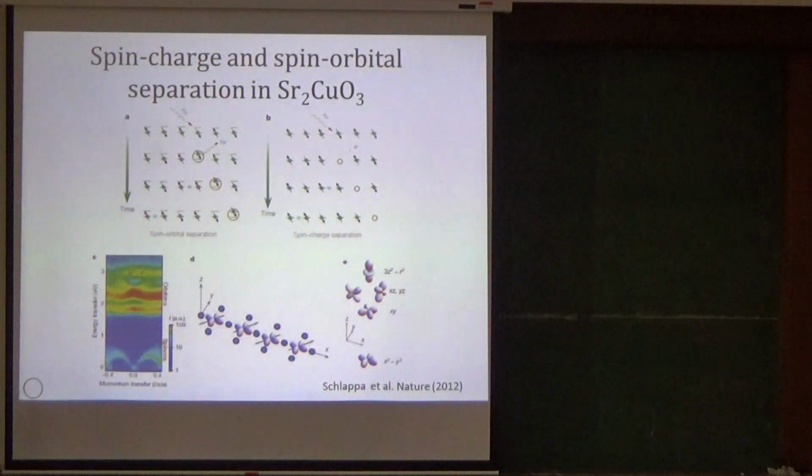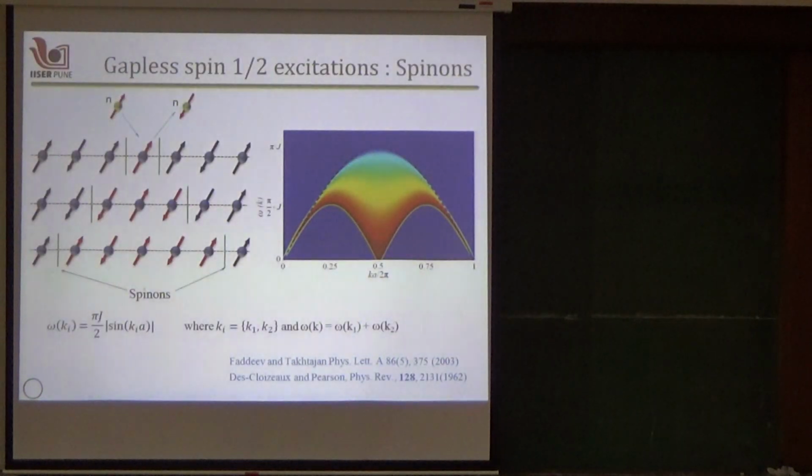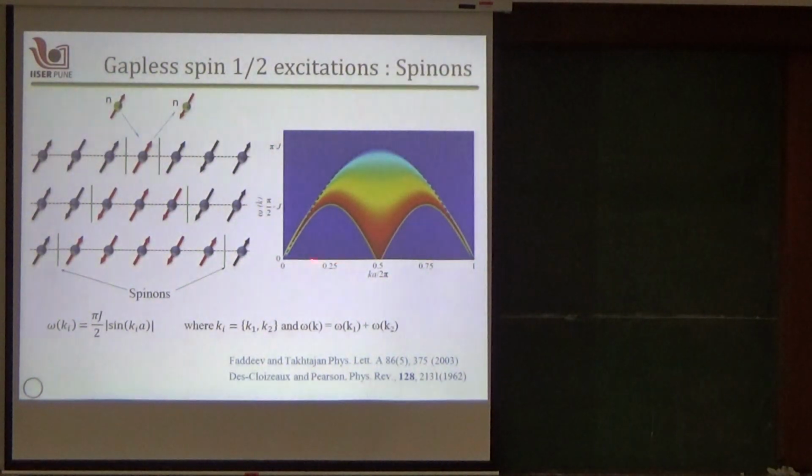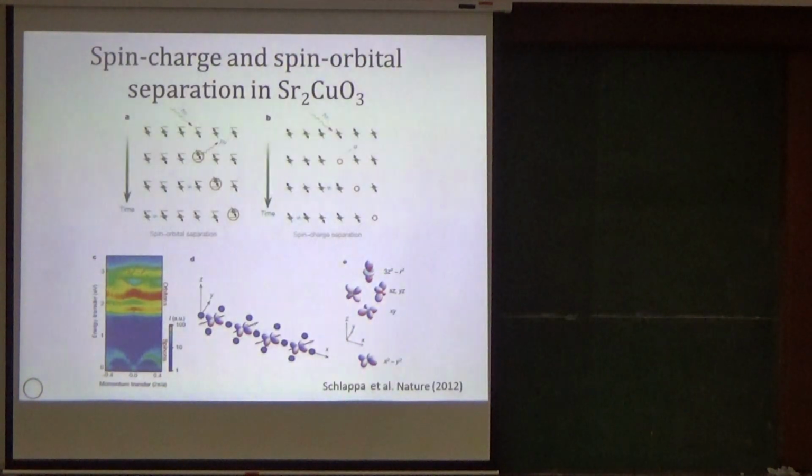So I am going to now show you some experiments where the spinons have been seen. One can see them directly in such experiments. This is a calculated spectrum, but one can actually experimentally determine the spinon excitation spectrum. The other interesting thing that one can do is separation of spin and charge degrees of freedom of an electron in a 1D chain.